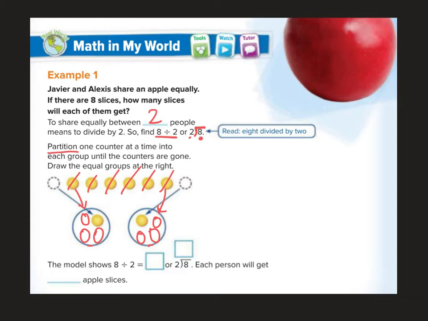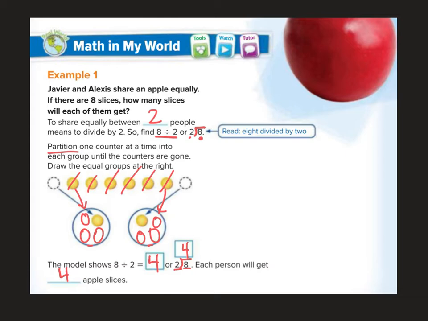Okay, so our question is, how many are in each group? Well, look at that, 4. So this model shows that 8 divided into 2 equal groups is 4, or 8 divided by 2 is 4. Answers go on the top. Each person will get 4 apple slices.